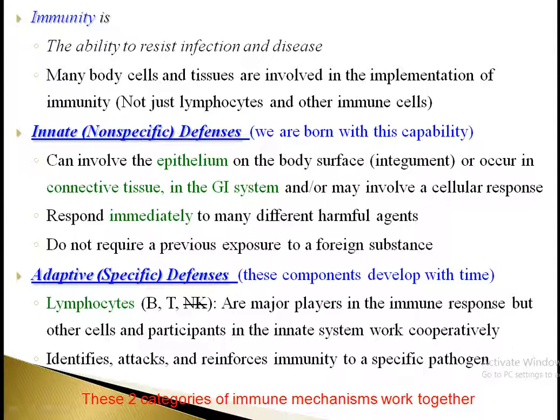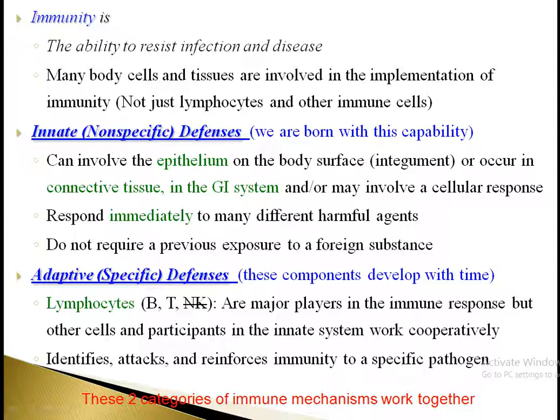So some of the immunity is by birth. It may be called innate, non-specific, or natural, all these names for the first type of immunity.